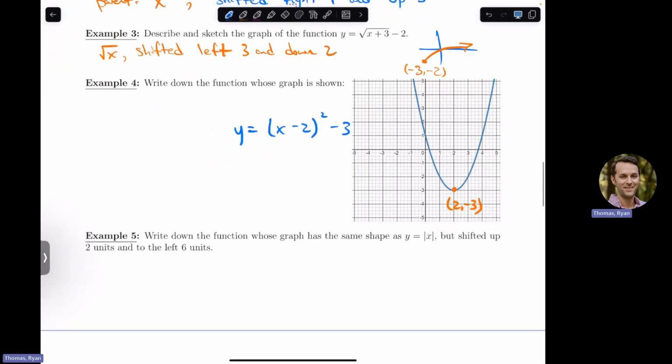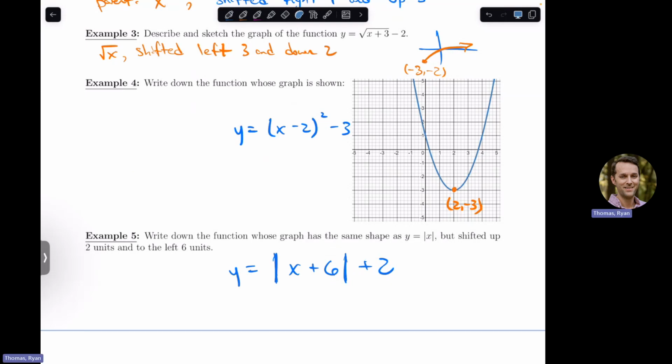All right, and the last one, same shape as the absolute value, but shifted up 2 and to the left 6. So absolute value, left 6, and up 2.